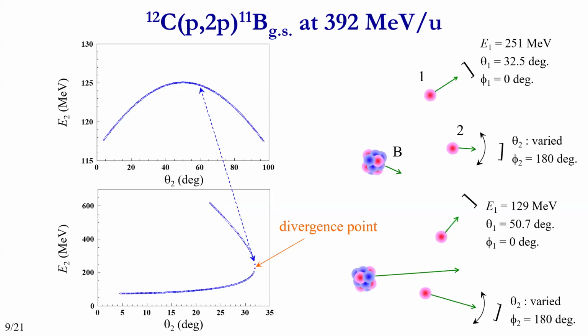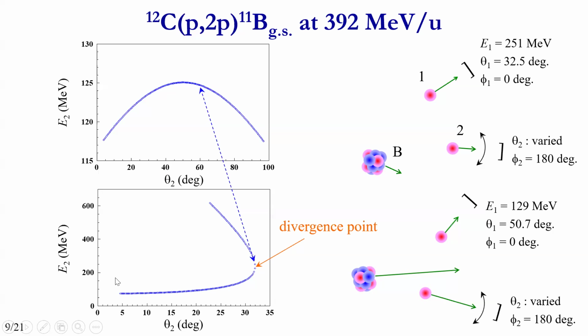The reason is quite simple. This is a result of classical mechanics, actually. Here I show the correspondence between E2 and theta 2 in normal and inverse kinematics. In normal kinematics, one value of theta 2 corresponds to one value of E2. So choosing this as a variable is good.